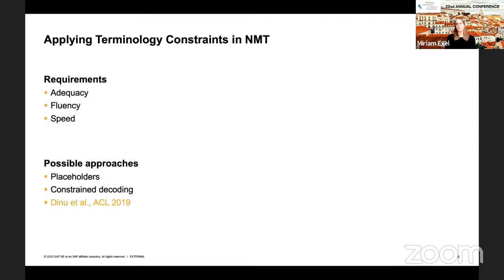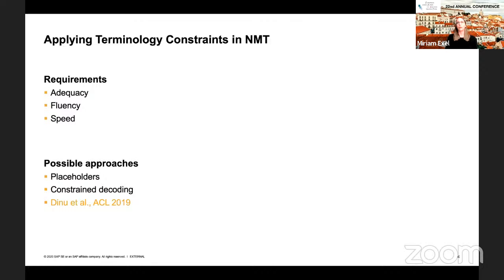Now, previous approaches that have been around for terminology enforcement do not fulfill all of these requirements. The very simple placeholder approach, where the source term is substituted with a placeholder, and then the placeholder in the translation is resubstituted with the required target term, suffers from disfluency, because the NMT model would have difficulties creating a fluent and morphologically sound translation.